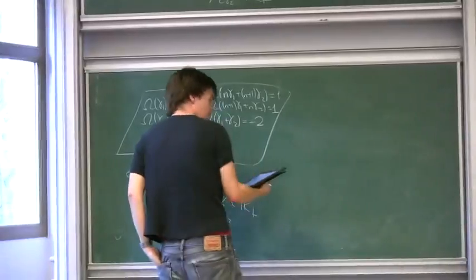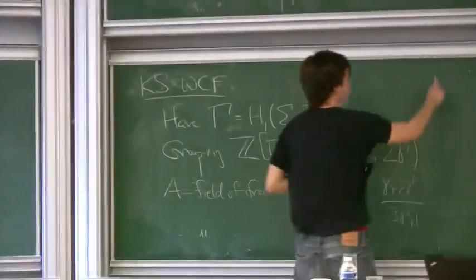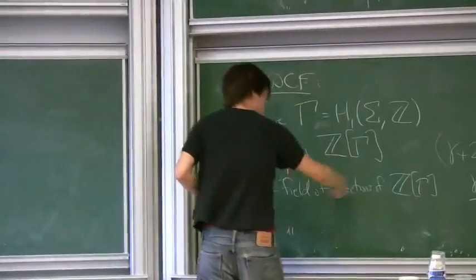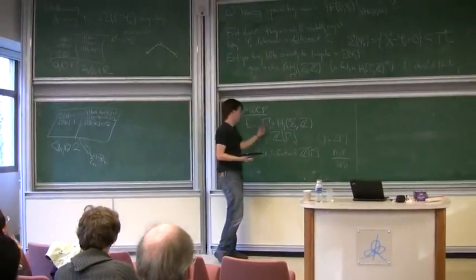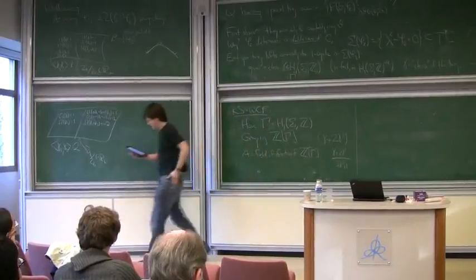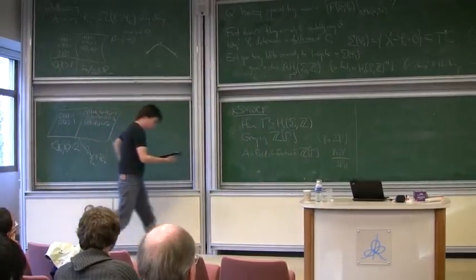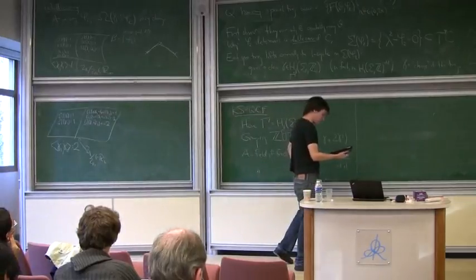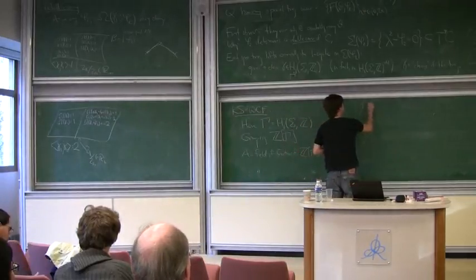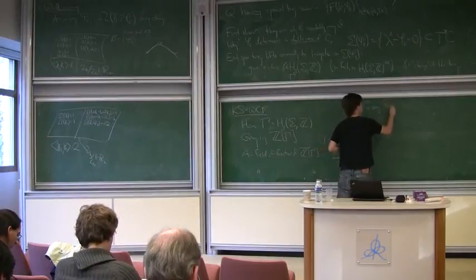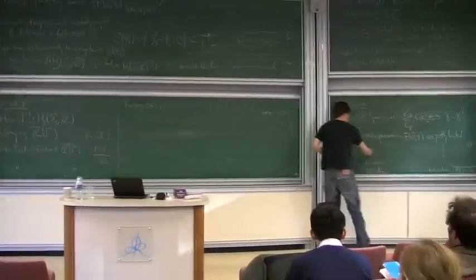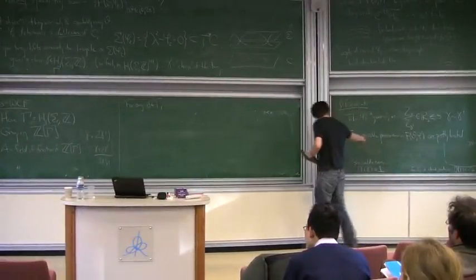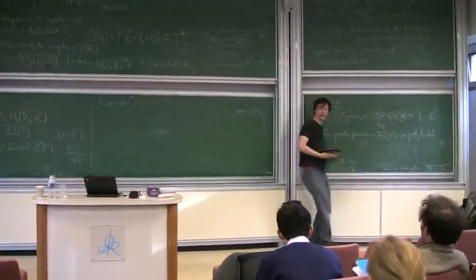So what Kontsevich and Soibelman tell you to do, they thought of this field as being like the field of functions on some auxiliary torus, which is C star to the rank of this lattice. And what they say is that for any gamma, think of this gamma as being the charge of some actual object, some special trajectory.